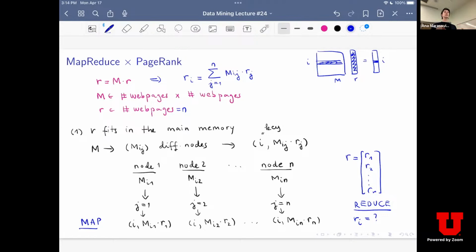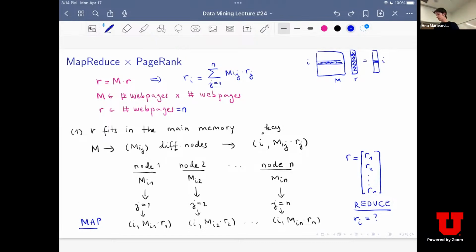We never really use that property, right? The big assumption here was, though, that we at every node had access to the corresponding element in our vector R. So we had to have vector R on every single node. And everything else didn't really matter.